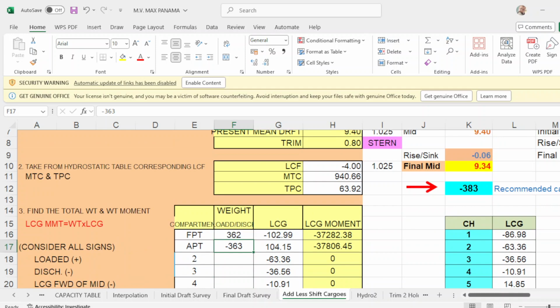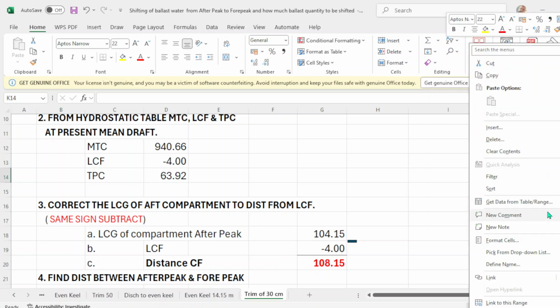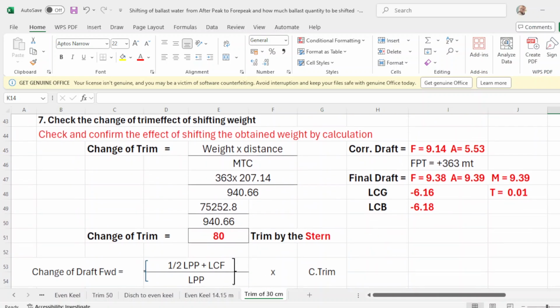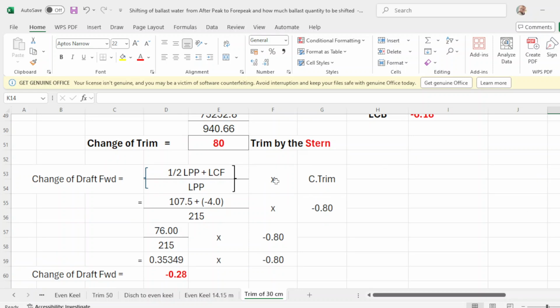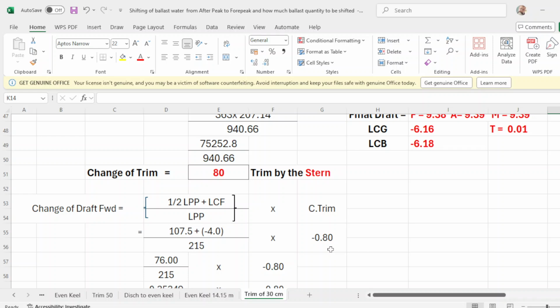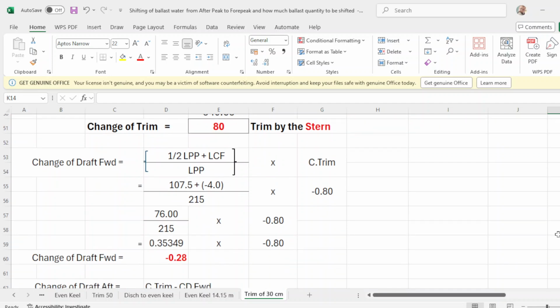So you put here negative 4. LCF will be negative 4 over your LPP of 215 times your change of trim of 80. Okay, negative 8. Double check this one. 107.5 plus 4 negative equals 103.